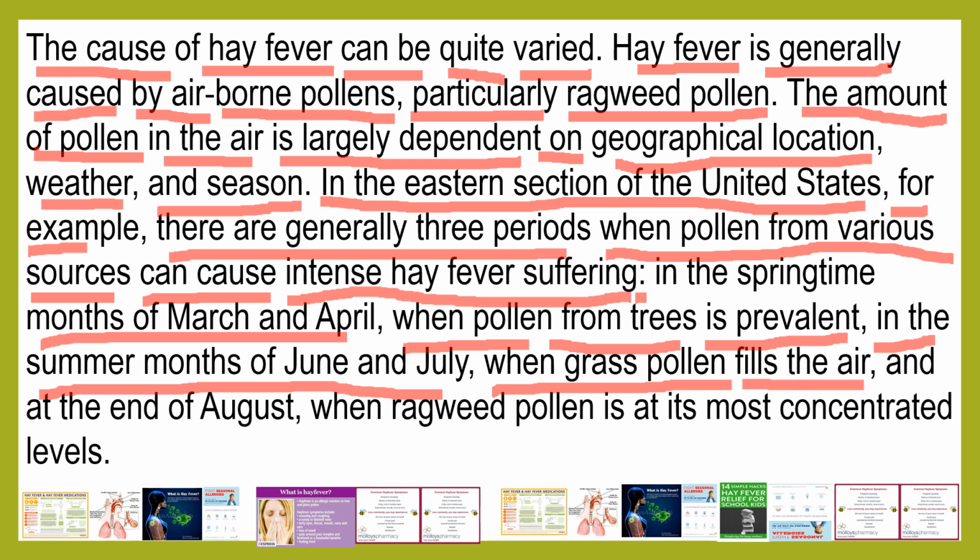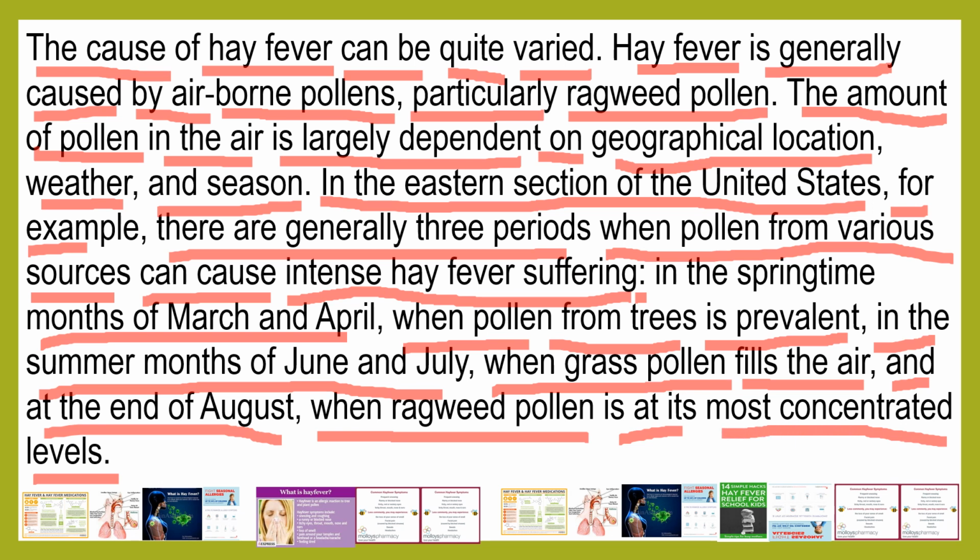And at the end of August, dan pada akhir bulan Agustus, when ragweed pollen is at its most concentrated level, ketika serbuk sari dari tanaman ragweed berada pada tingkat konsentrasi yang paling tinggi.